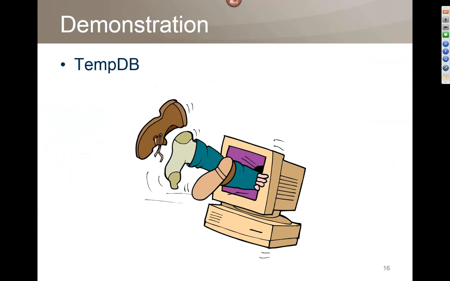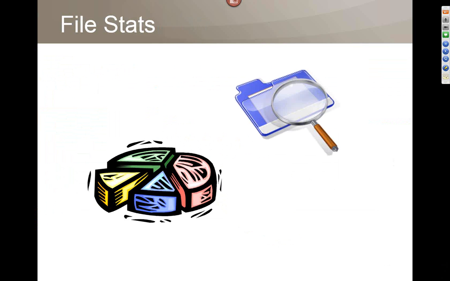All right. So next couple I'm going to go through kind of fast. Each of these are one of those things where I have a whole session on there, but this is just to get the view of file stats. Anybody use the DMV, dm_io_virtual_file_stats? Everybody should be looking at that.